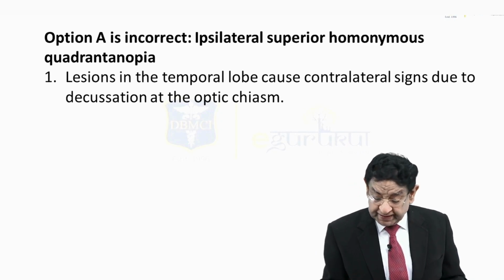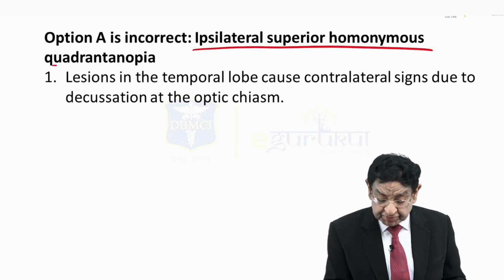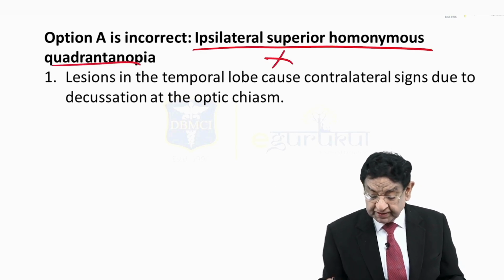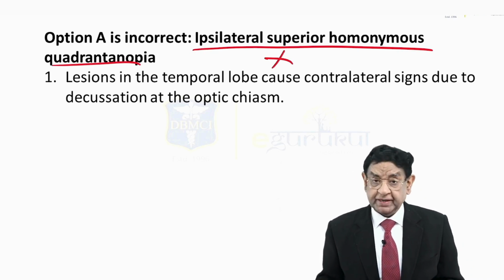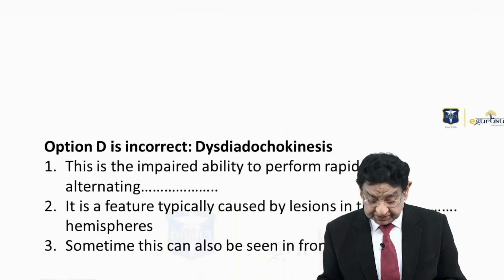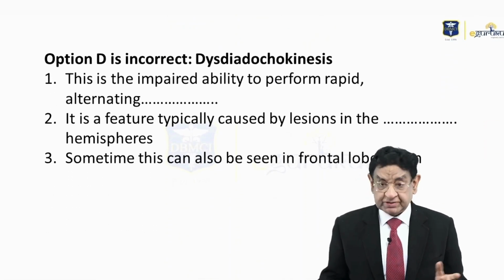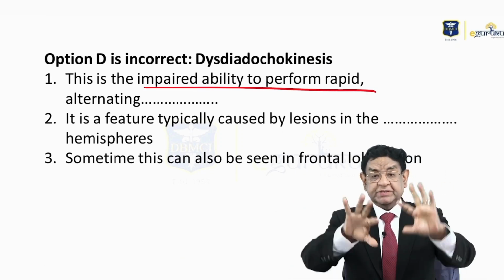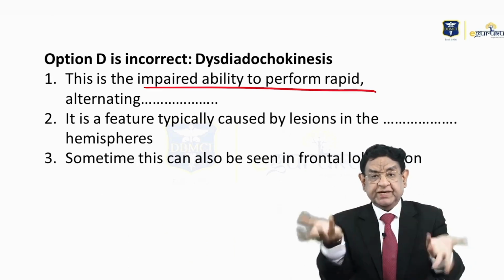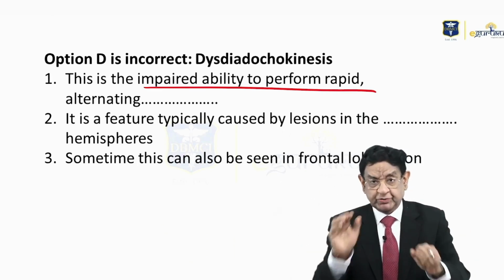Now option A, ipsilateral superior homonymous quadrantanopia is not a feature, it is always contralateral superior quadrantanopia, the point I mentioned in the previous slides. Diadochokinesia is impaired ability to perform rapid alternating movement like this. Okay, this we can do. Yes, you also try. Yeah, you can do it.